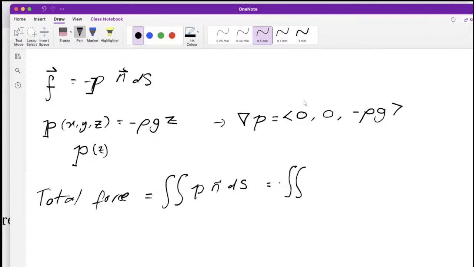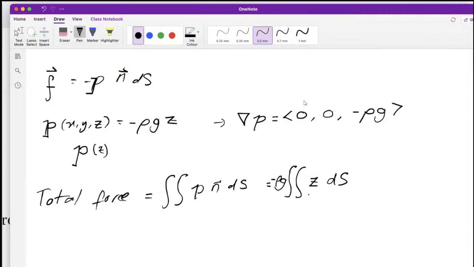So there is a negative sign here, and then rho. We're just going to assume rho g is all constant, so negative rho g, and then z and ds.